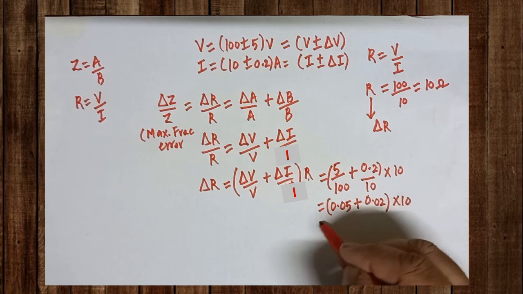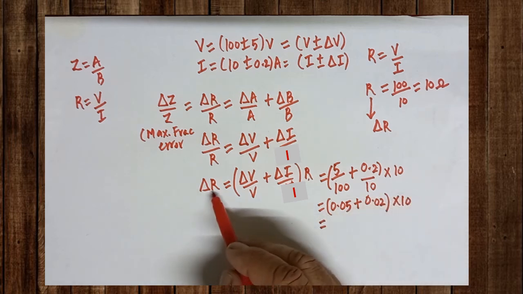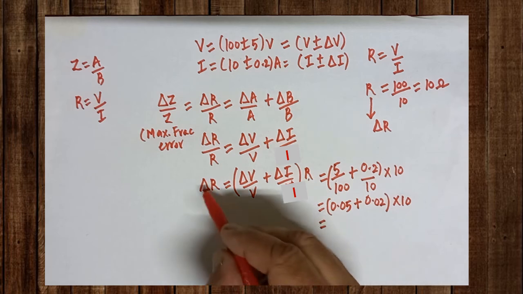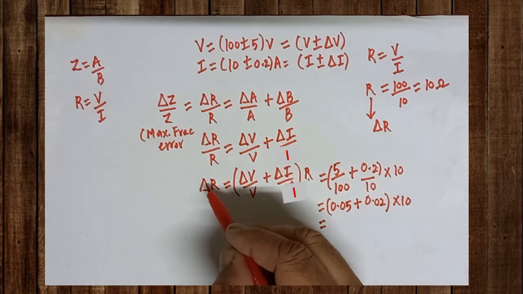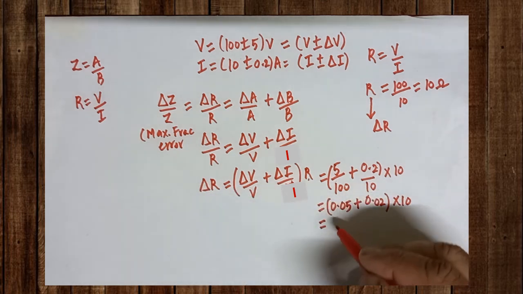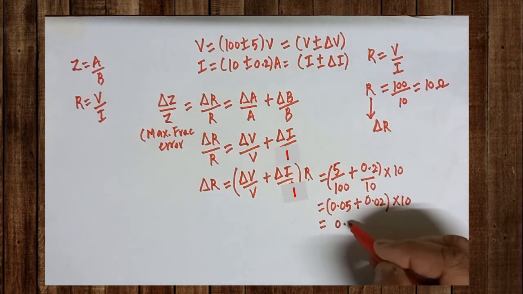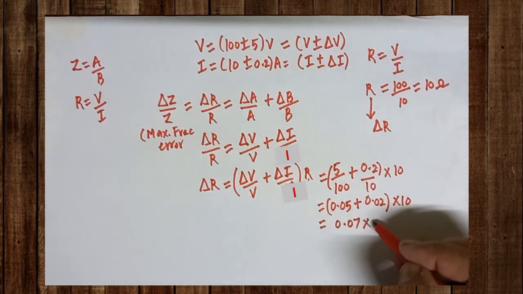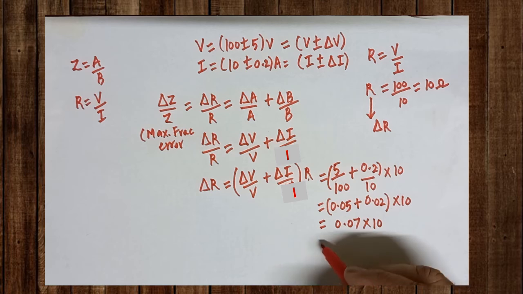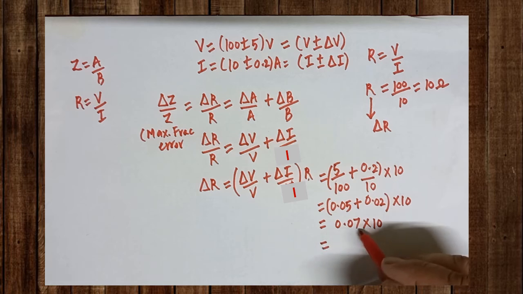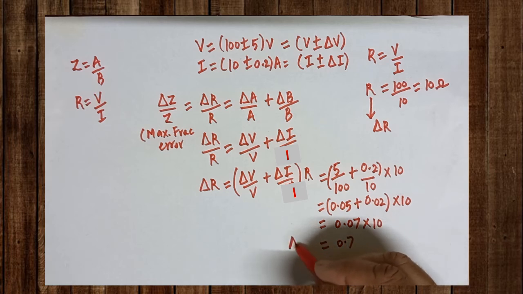Now we are finding the error. We are finding the error while measuring R. What is del R? Error in R is called del R. So add both, you will get 0.07 into 10. After that you are getting 0.07 into 10, which is nothing but 0.7. This is called, what is this?